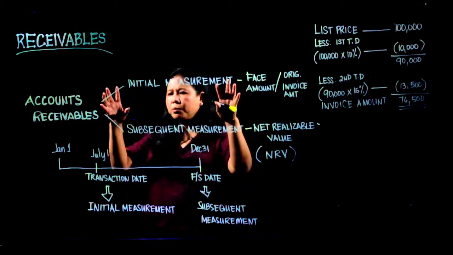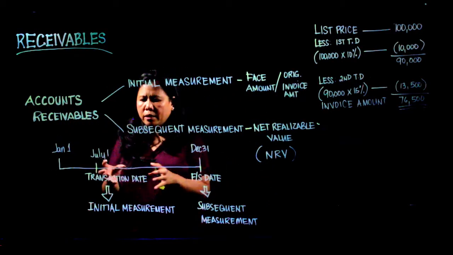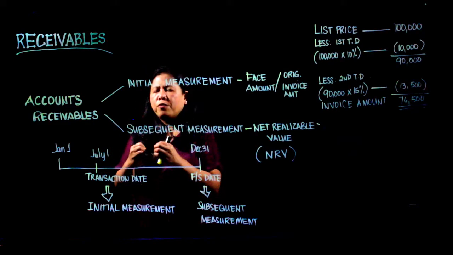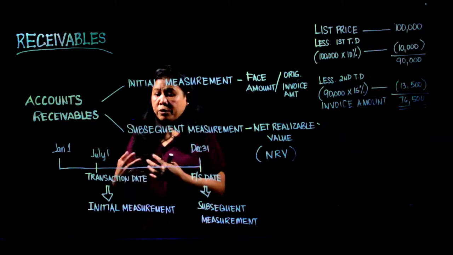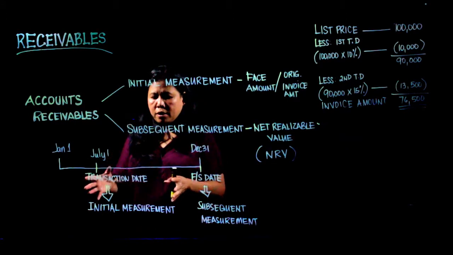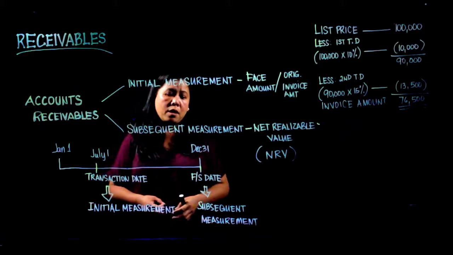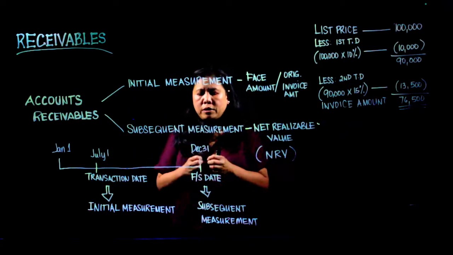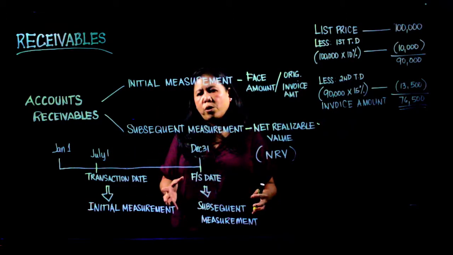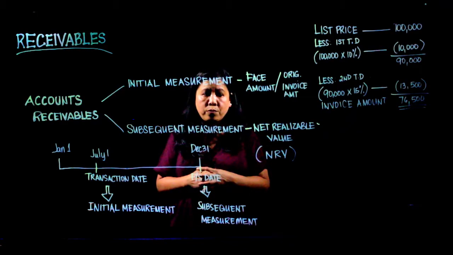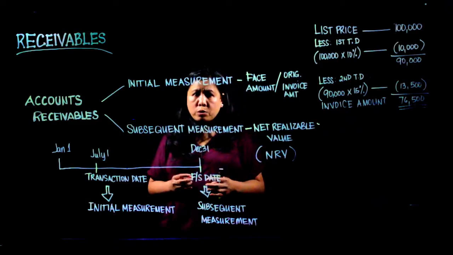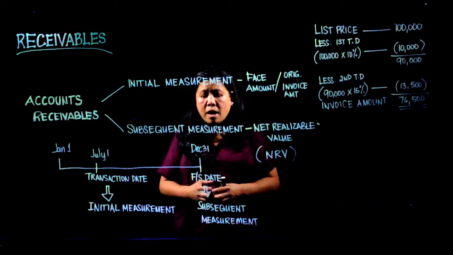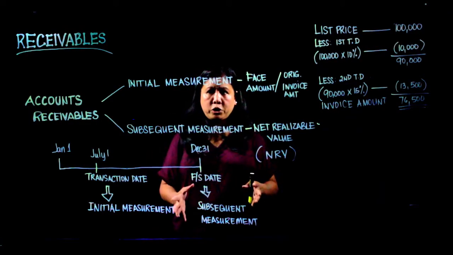The initial measurement is when we first encounter the transaction, the selling of the goods on the transaction date. That's our initial measurement. On December 31st, the end of the year, where the accountant prepares the company's financial statements, we measure our accounts receivable again, and that's what we call subsequent measurement.